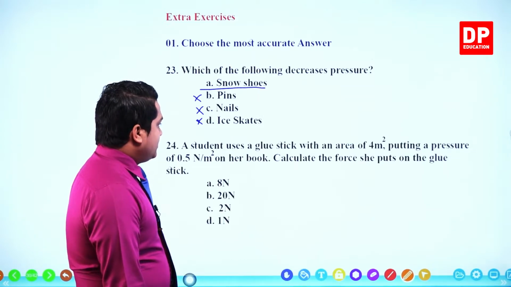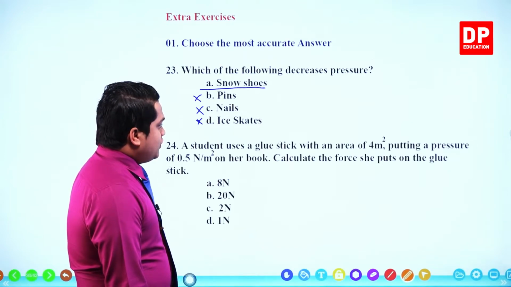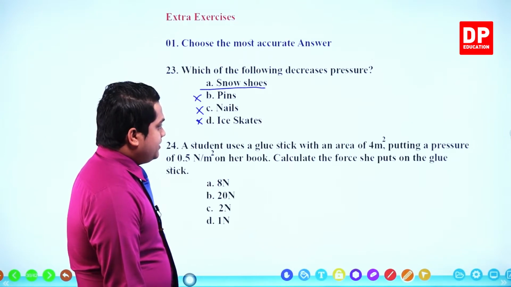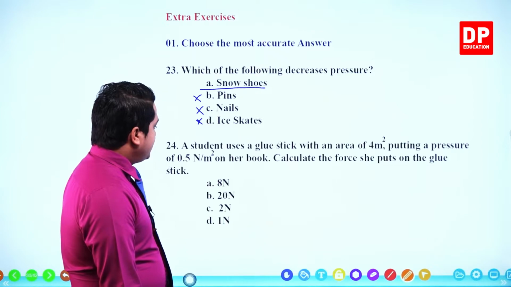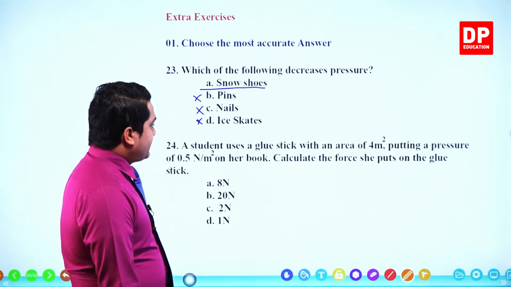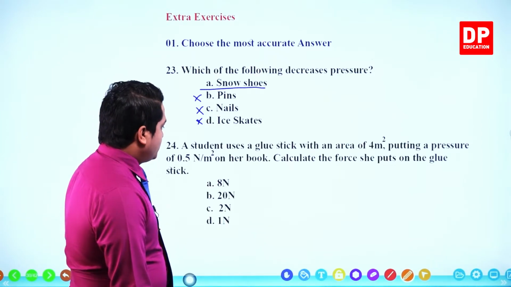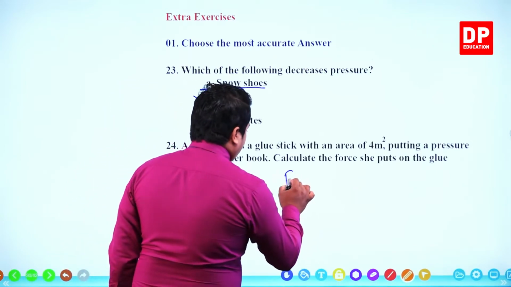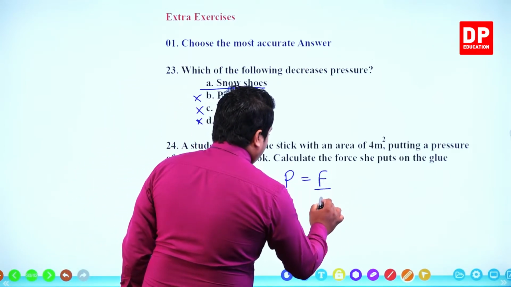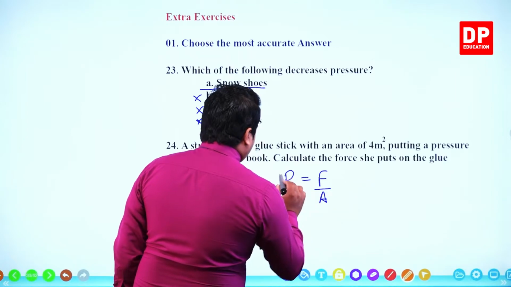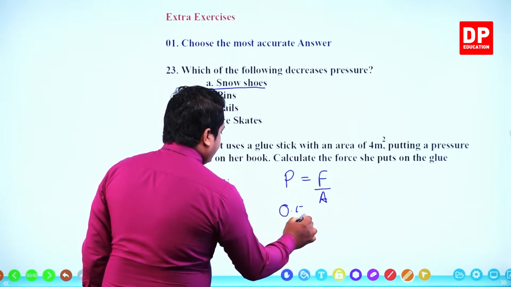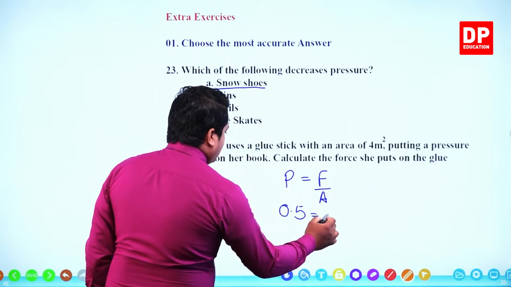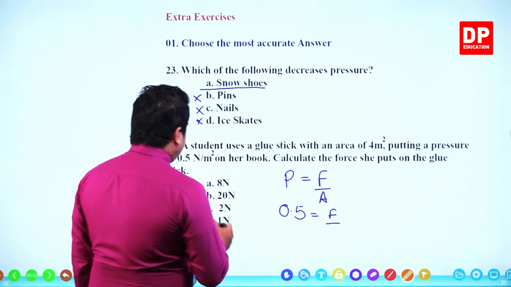So 4 square meters is the area, and the pressure exerted is 0.5. Then we need to calculate the force. So we apply P is equal to force upon area. Pressure is given as 0.5, force we don't know, area is given.